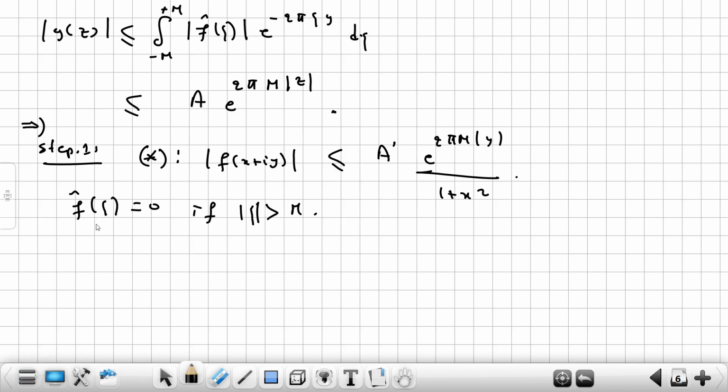Now suppose that ξ is first greater than m, and write f hat(ξ) equals to what?